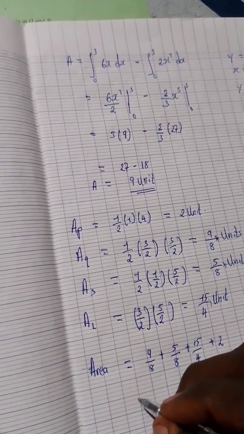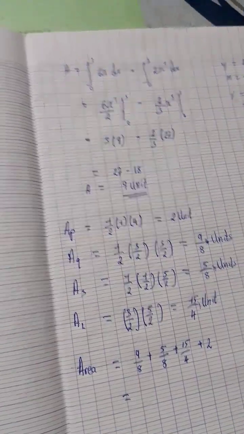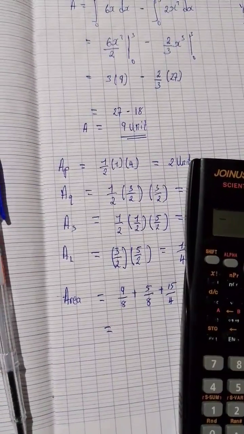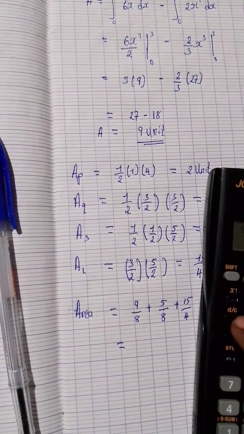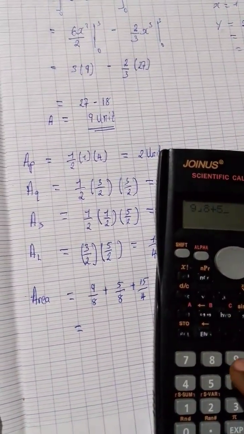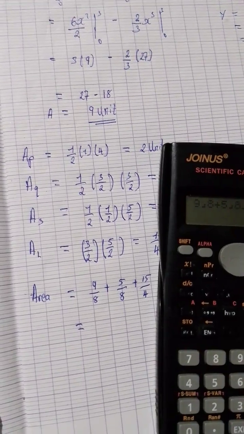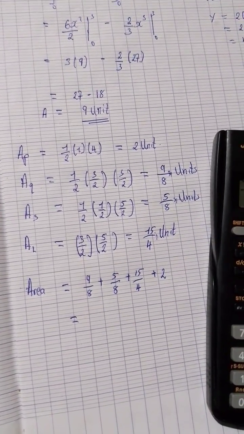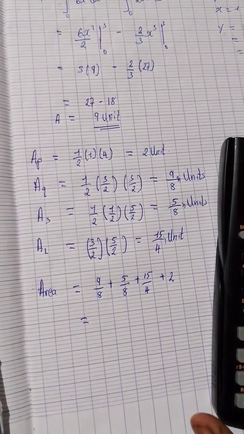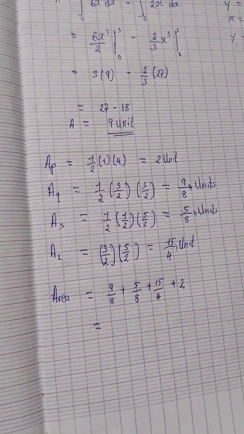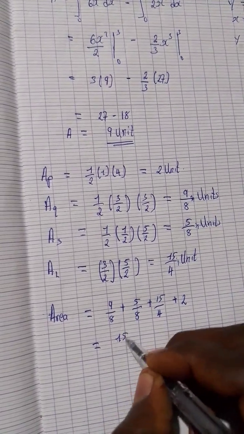Let us do it correctly with the calculator. We have 9 on 8 plus 5 on 8 plus 15 on 4 plus 2. That's 7.5, 15 on 2.